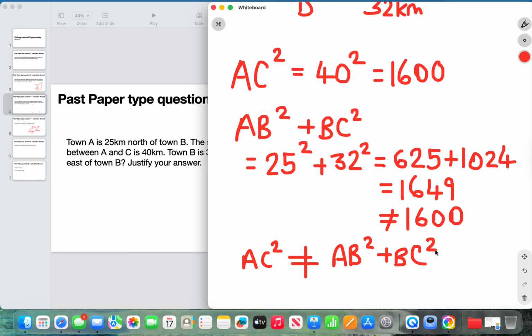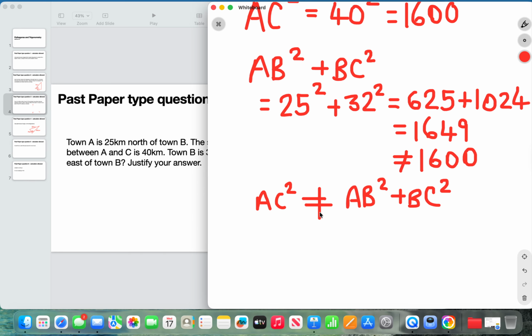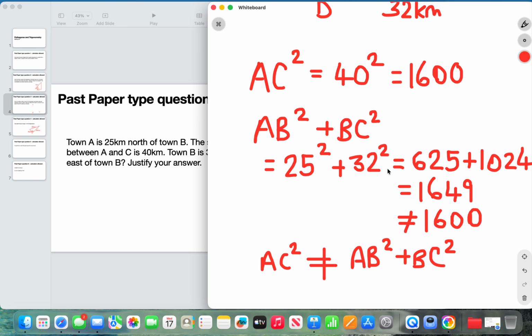So we're going to make a few points. Because they are not equal, and I want to emphasize this again, at the start of the question, you do not write that AC squared equals AB squared plus BC squared.